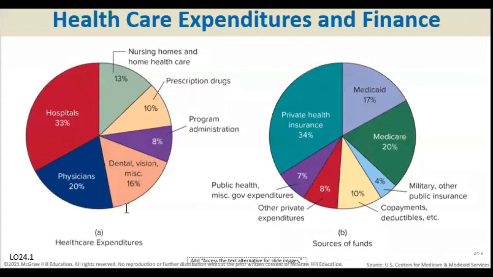The graph over here just illustrates the healthcare expenditure and how we finance it. So the two pies: the first one is the healthcare expenditure, and the second one is the source of financing the healthcare.